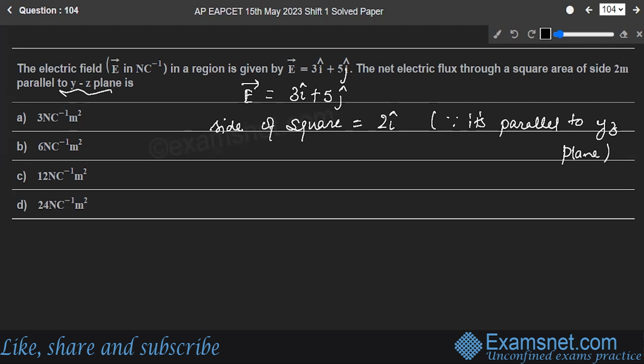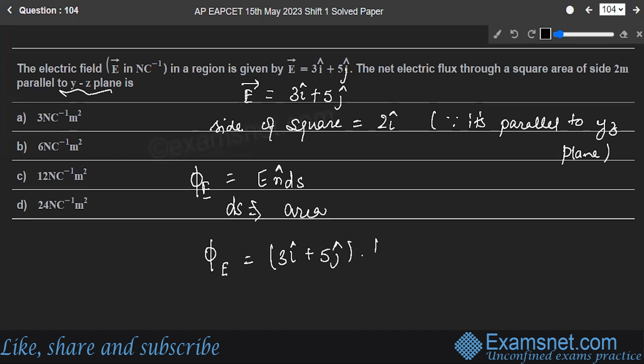Therefore the electric flux is given by E dot ds, where ds is the area vector. This represents the area. That means the electric flux is equal to 3I plus 5J multiplied by 2 cross 2I.